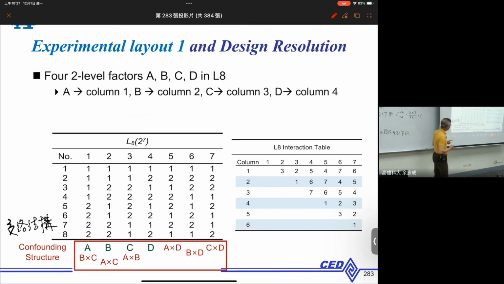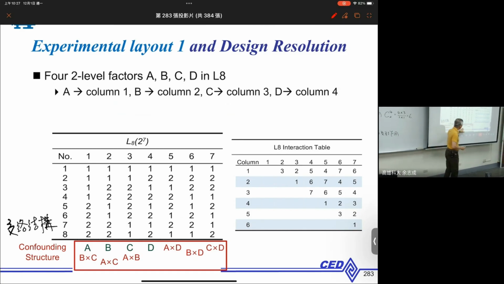So you can see in column 1, factor A and the interaction BC will be confounded, mixed together, which means that when you analyze the effect of A, it will be influenced by interaction BC.